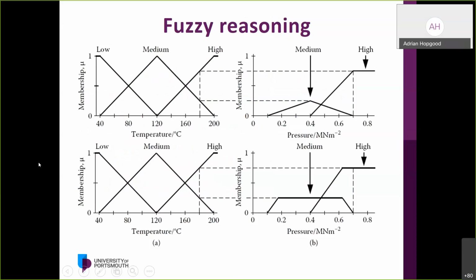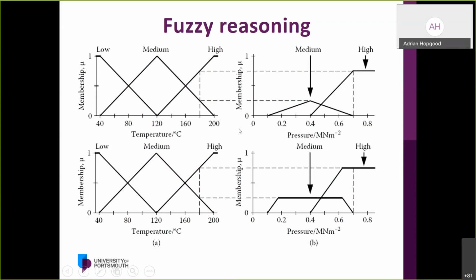If we just look at this top pair of graphs at the moment, so here there's some fuzzy rules which are effectively saying that if the temperature on the left-hand side is high, then the pressure will be high, and if the temperature is medium, then the pressure will be medium. And what happens is that your conclusion is scaled according to the degree of satisfaction of the condition.